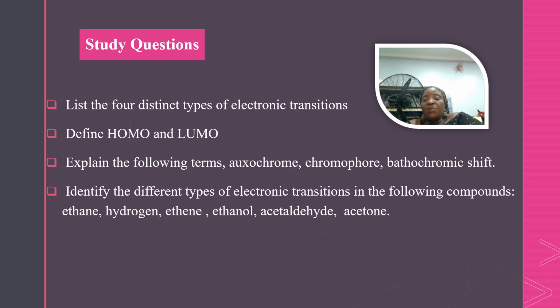Identify the different types of electronic transitions in the following compounds: ethane, hydrogen, ethene, ethanol, acetaldehyde, and acetone.